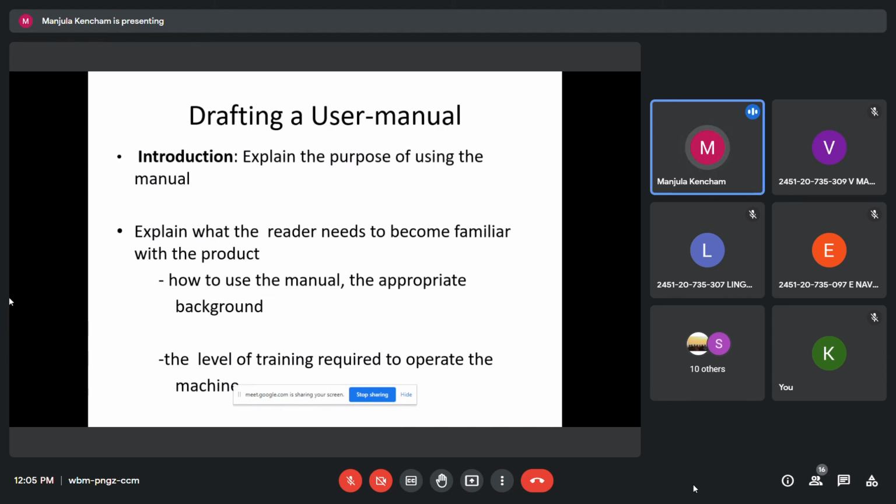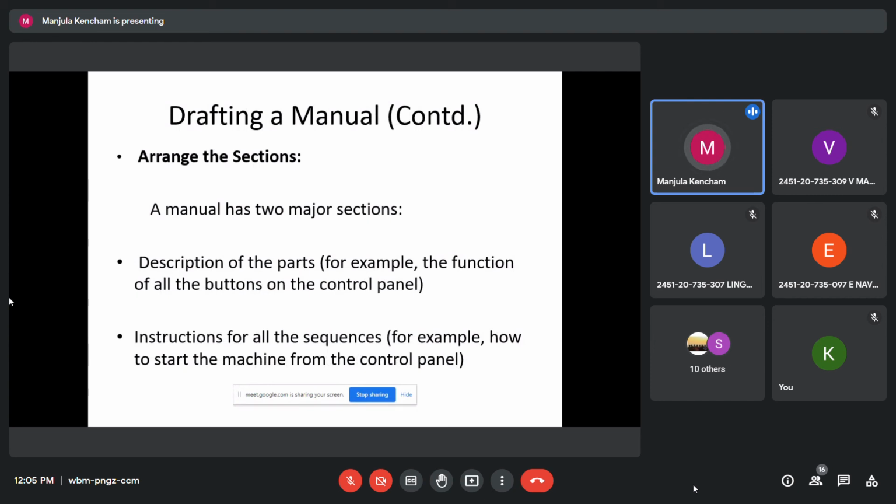How to draft a user manual. Introduction: explain the purpose of using the manual. Explain what the reader needs to become familiar with the product, the level of training required to operate the machine or the piece of equipment. Arrange the sections. A manual has two major sections: description of the parts, and instructions for all the sequences.